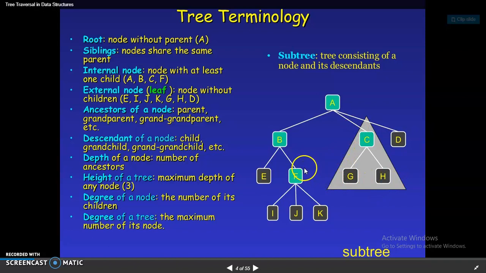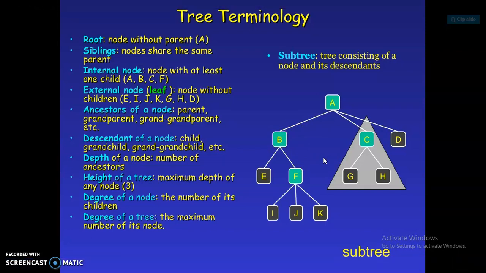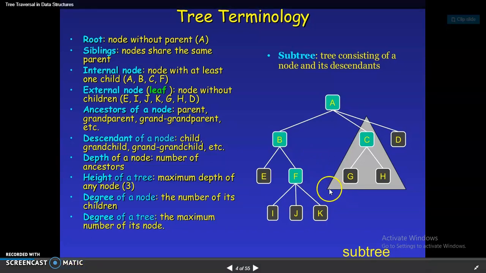At the same time, F has the three child nodes I, J, K. This is also a part of the tree, a subtree. We can also take B, where E and F are the child nodes. This part of the tree is also called a subtree. So any part of the tree which has one parent node and its child nodes can be called a subtree.